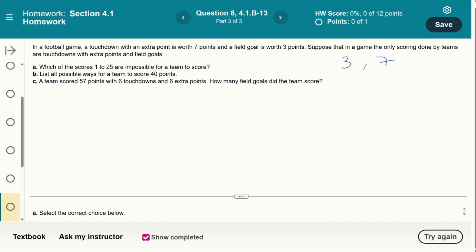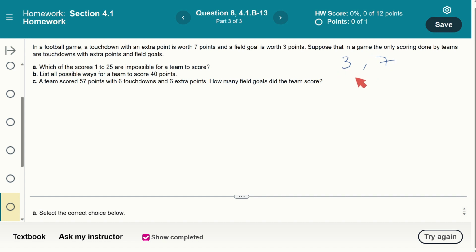This is to simplify the scenario, because normally a score of 6 for a touchdown would be possible as well without the extra point, right? So here you don't need to worry about those scenarios. You're only dealing with 3s and 7s. So make sure when you answer these questions, you keep that in mind.